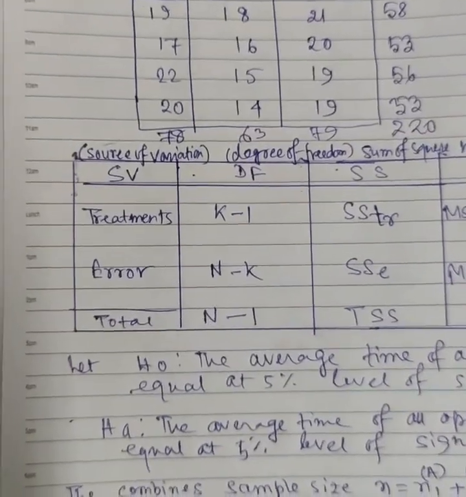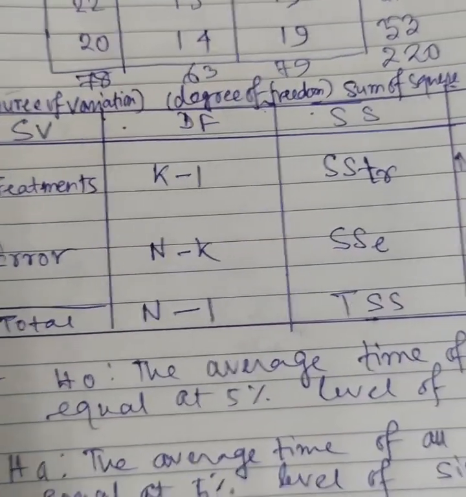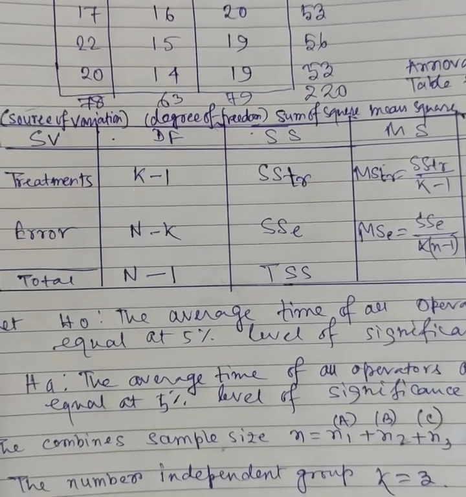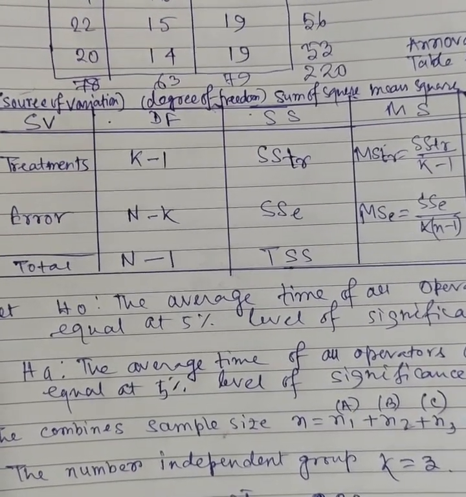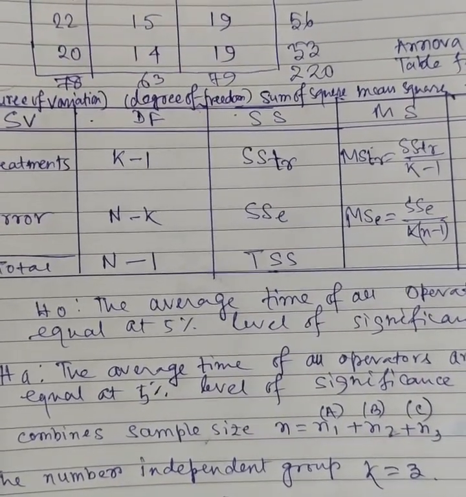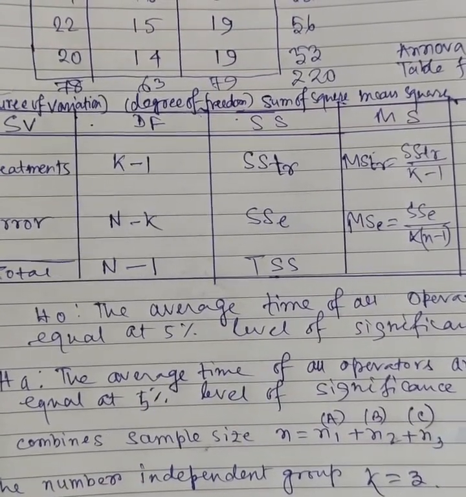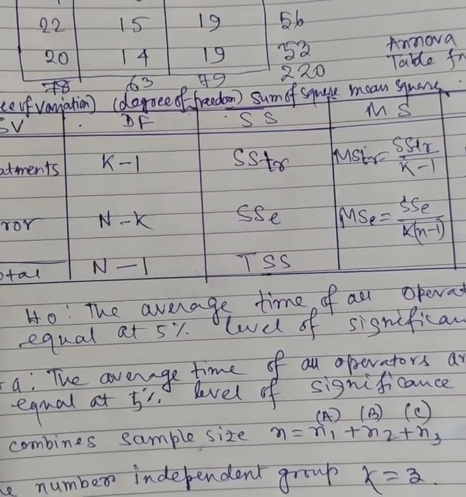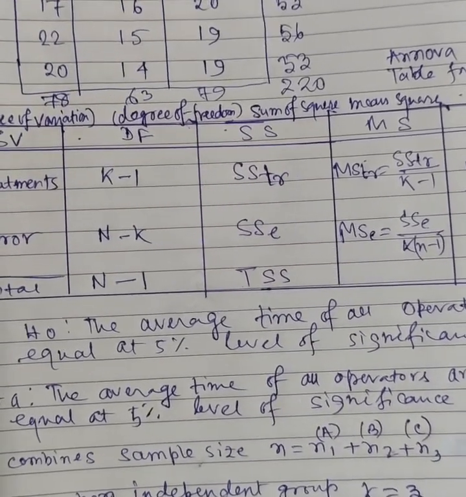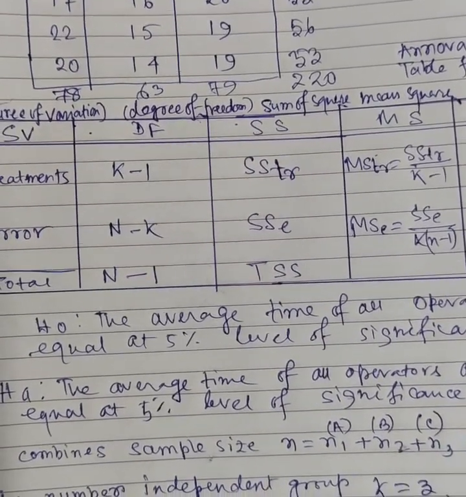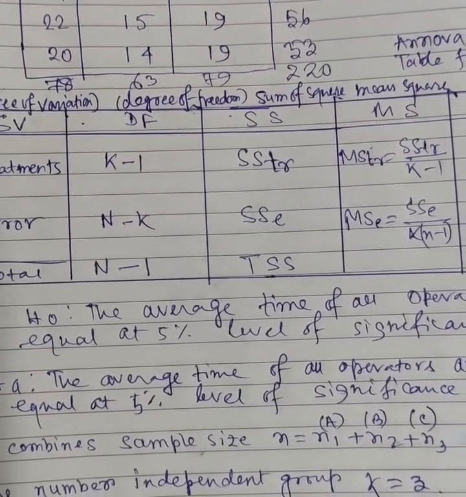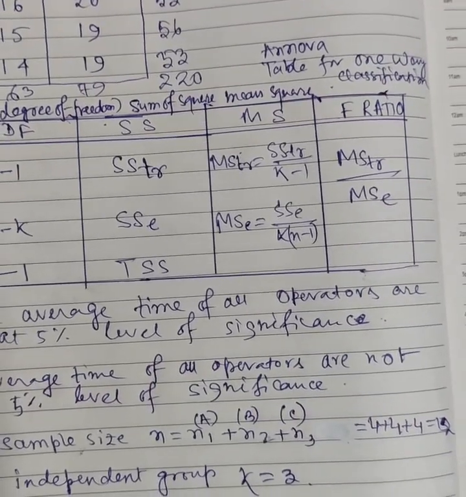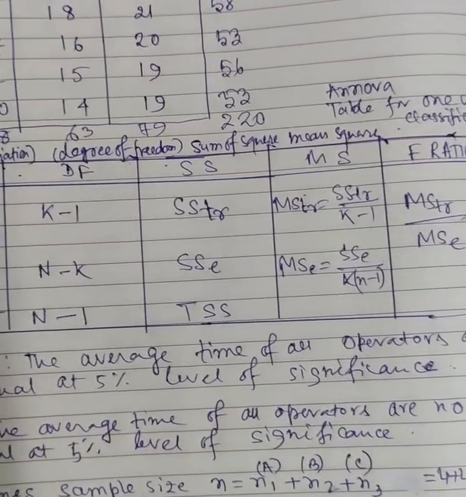Now the ANOVA test is based on this table, with treatments or factors. This math came in June 22 in IGNOU, and on this basis we calculate the source of variation, degrees of freedom, sum of squares, mean square, and F ratio.